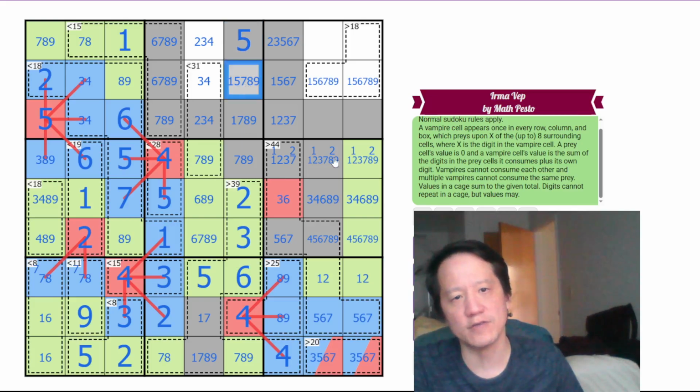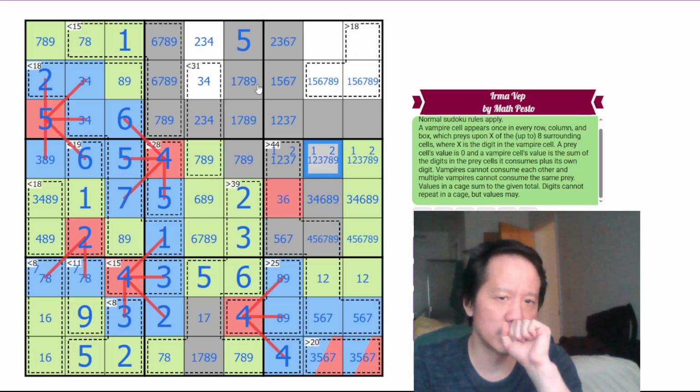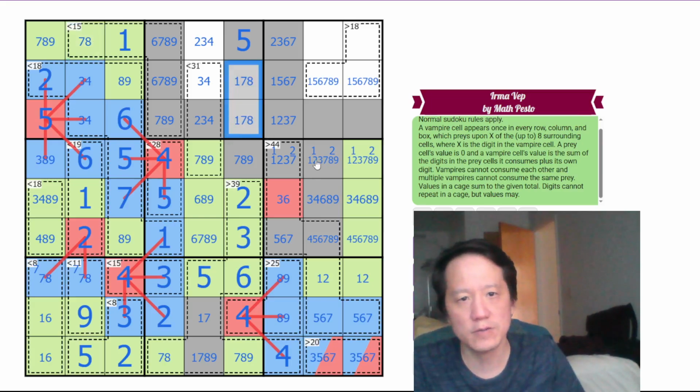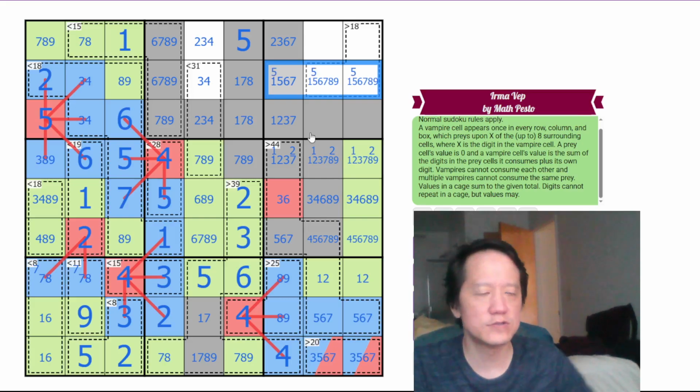This is 5, which means 5 cannot be here. 5 cannot be here. This digit is the same as one of these two. This can't be 9, because again, it must match one of these two. So this is 5, which means 5 cannot be here. 5 has to be one of these 3 digits.